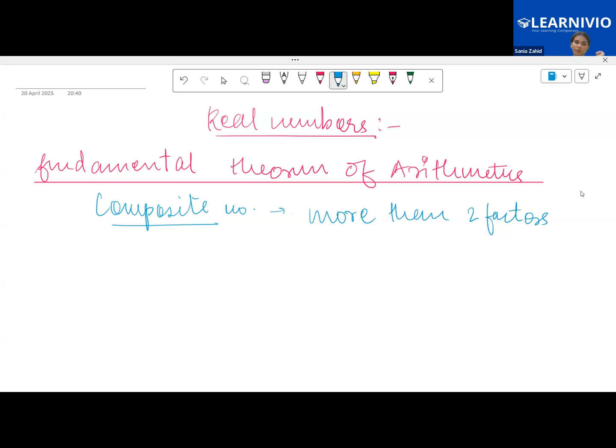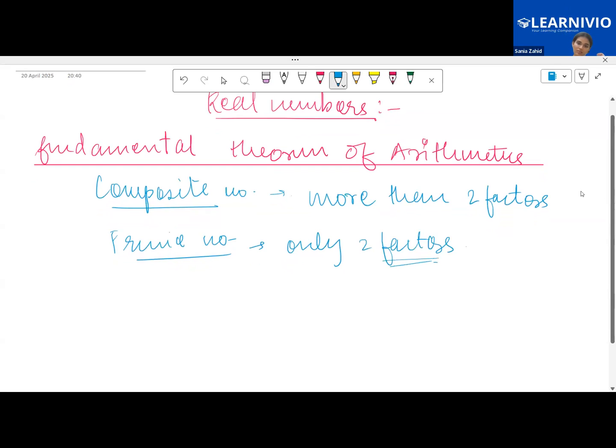Yes, and what about prime numbers? Prime numbers have only 2 factors, which is 1 and the number itself.